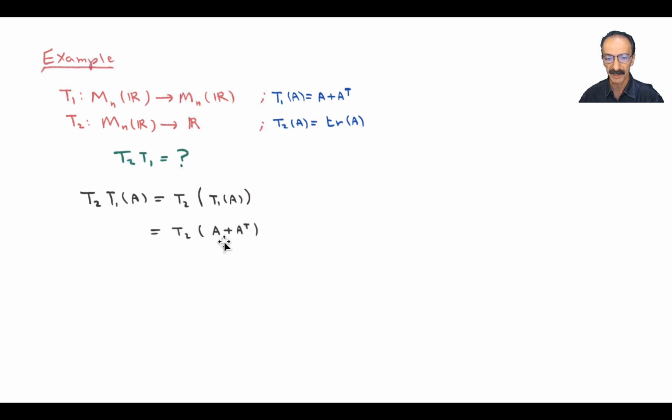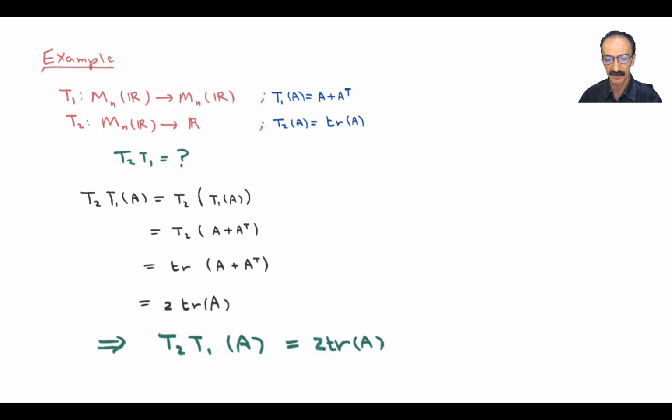As you could see, it's A plus A transpose for T1. Now what T2 does, it takes the trace of that. So we need to say the trace of the sum A plus A transpose. Okay. Now what's the trace of A plus A transpose? If you didn't know, here we go. It's twice the trace of A.